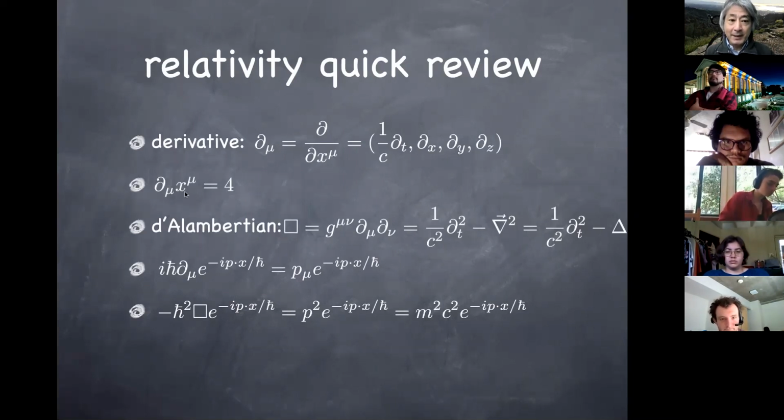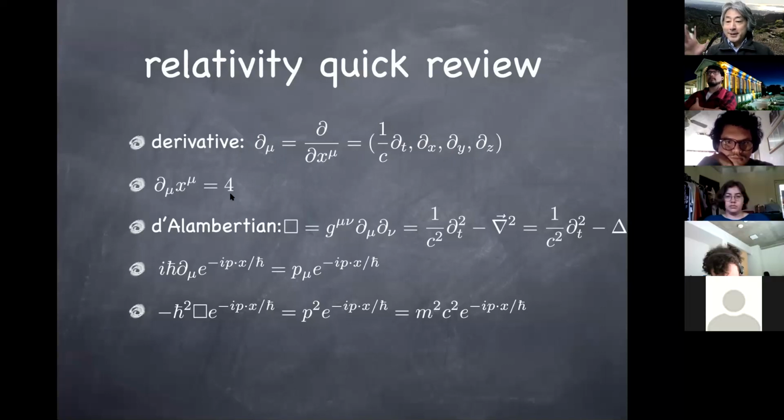But if you hadn't appreciated the fact that this is a lower index, then you would make a mistake on the sign of the spatial components. Instead of 4, you end up getting -2, which is a nonsensical result, has nothing to do with 4-dimensional space-time. That's how you know that you made a mistake there. So you really do need to regard this 4-derivative to be a lower index vector.